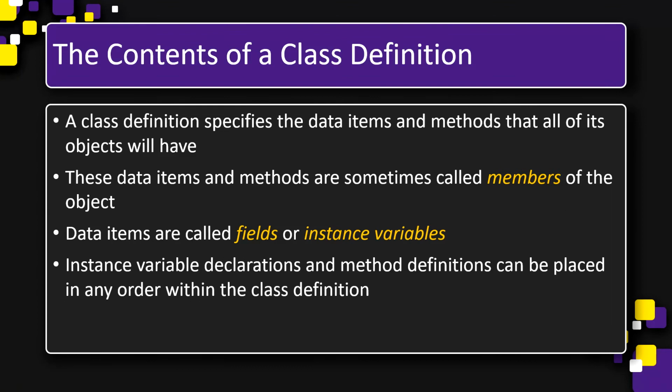Instance variable declarations and method definitions can be placed in any order within the class definition. Like I said before in the previous video, you don't have to worry about whether or not a method comes before or after the one that you're trying to use it in. Java is, or at least it tries to be, smart, and it knows whether or not that method exists, regardless of whether it's placed before or after your use of the method.